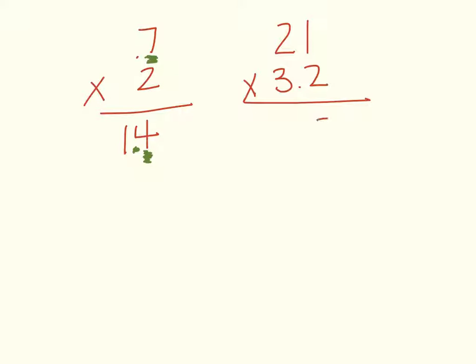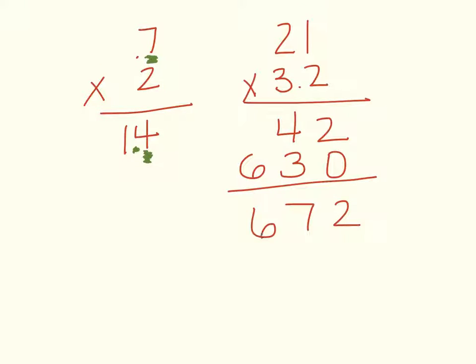Well, 2 times 1 is 2. 2 times 2 is 4. Permission to go to the next place value. 3 times 1 is 3. 3 times 2 is 6. Did it just like a regular multiplication problem. Now, I go up here and I say, okay, well, I've only got one decimal place up here, so I'm going to end up with one decimal place down here.